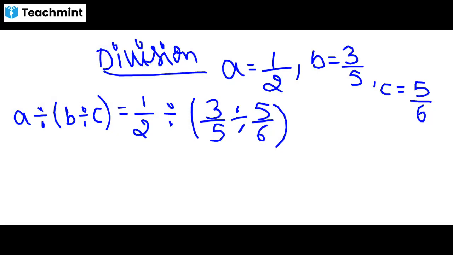Okay, so (1 by 2 divided by 3 by 5) divided by 5 by 6. Now what should I write first? We should simplify whatever is there in the brackets. So what will you write first? 1 by 2 divided by 3 by 5, as it is we should write.